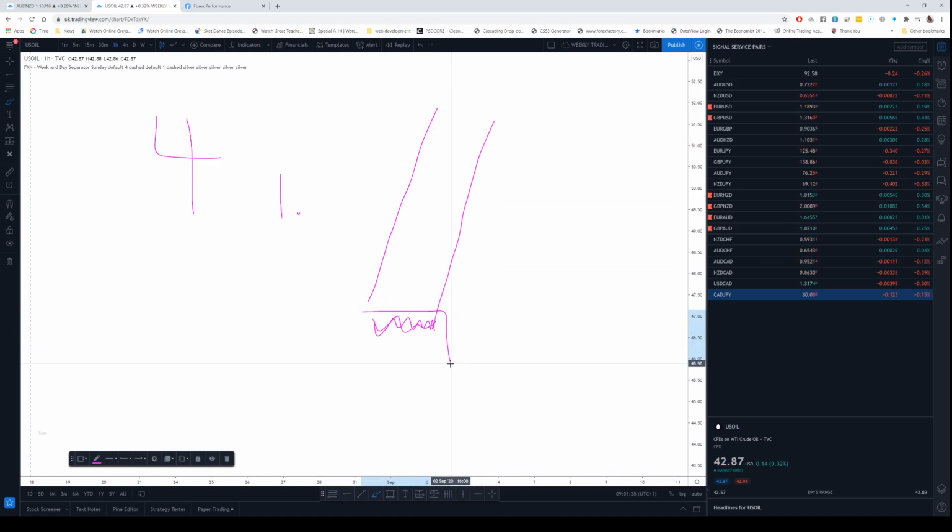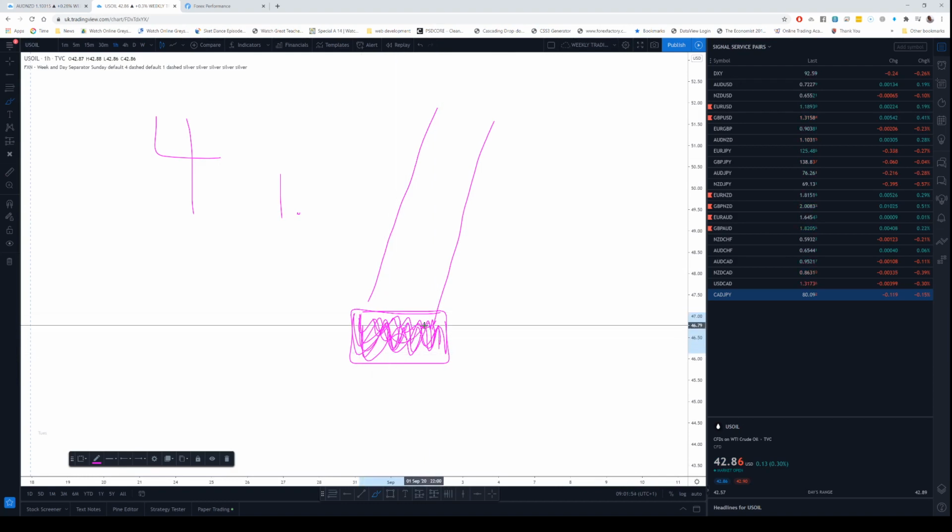Consolidation begins everything, because during consolidation, that's when the big boys are buying, before it expands to the upside.